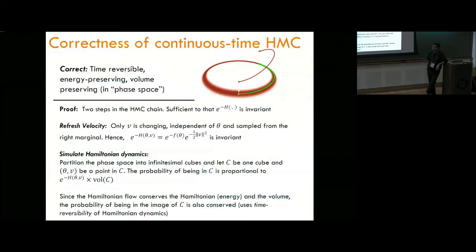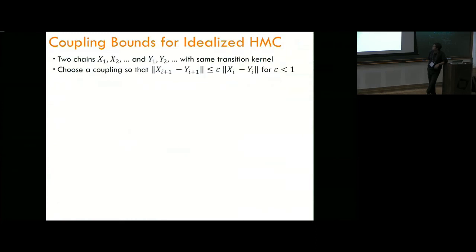Okay, so let me tell you now some intuition as to why this will have any hope of getting better bounds than the previous ones. And this is a crucial argument.